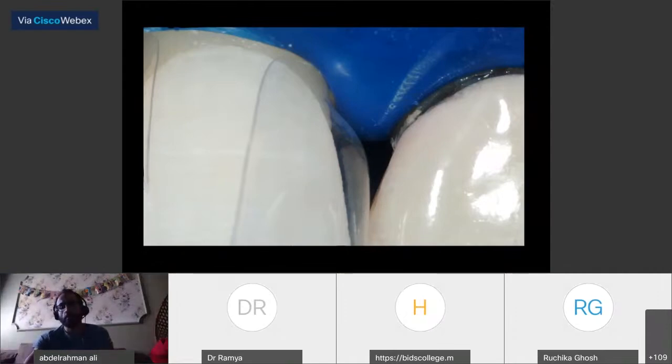It's not like the old Mylar strip. You apply layer by layer by layer, and you will see how the results will be, because from the beginning, you see how the emergence profile will look like at the end.